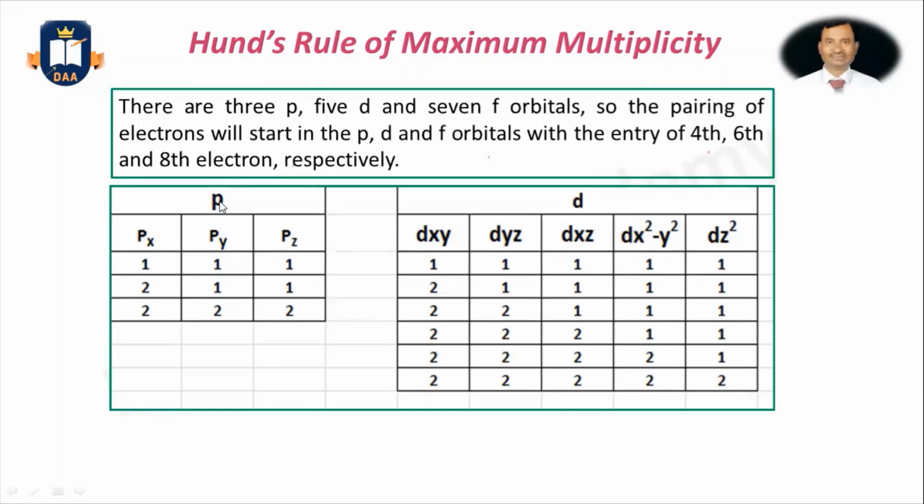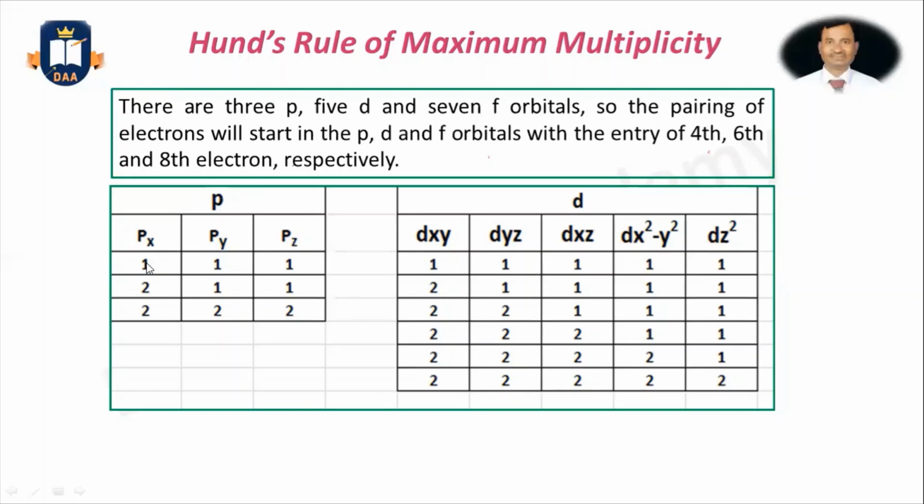Let's consider these p orbitals. In the p subshell, we have the orbitals px, py and pz. The notation is p, always in small letter. If one electron comes, it will come here.